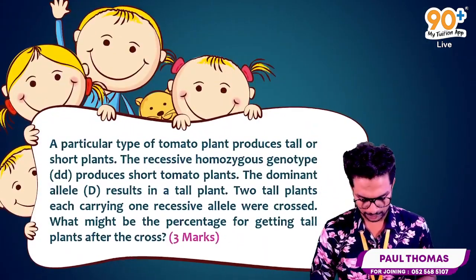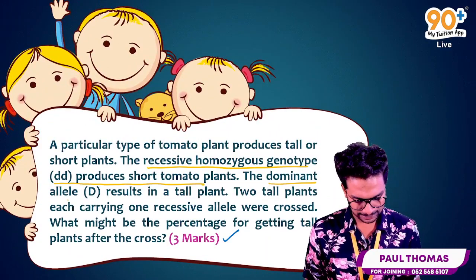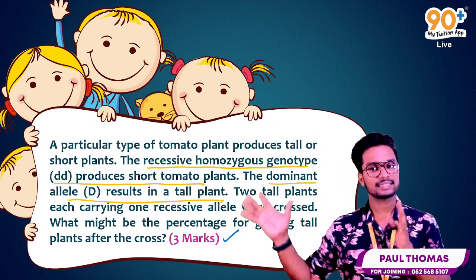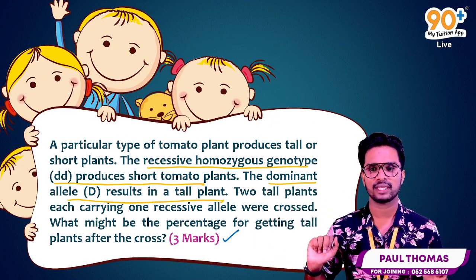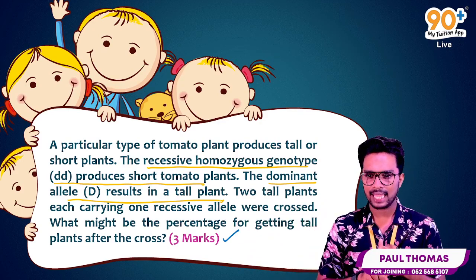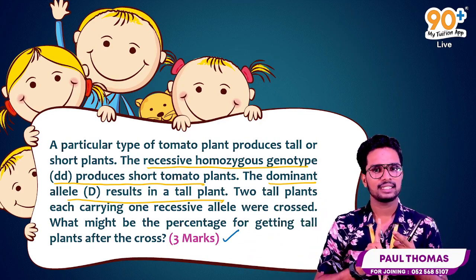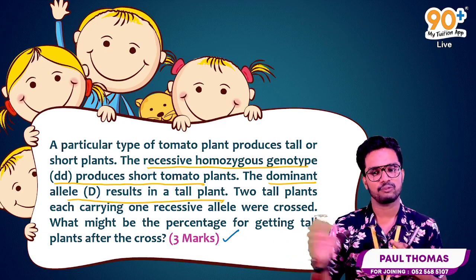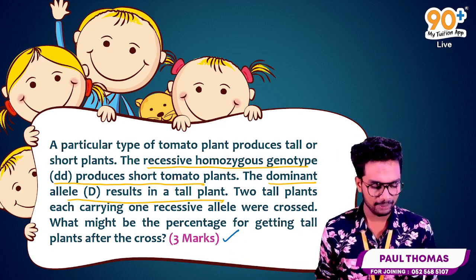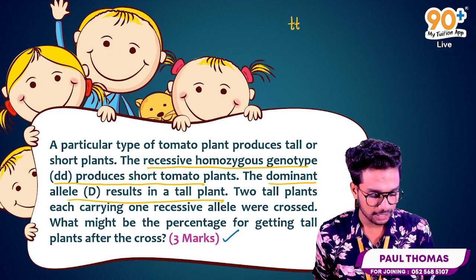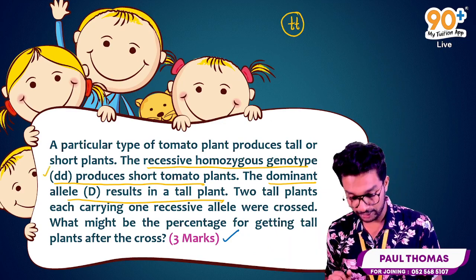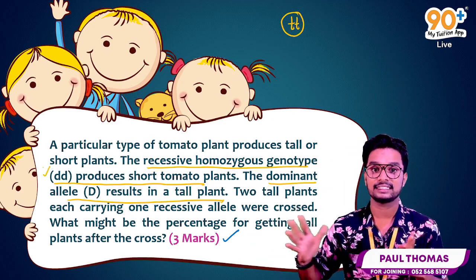The next clue point is, the dominant capital D results in a tall plant. There will be 2 conditions for this tall plant: capital D capital D, in a homozygous condition, or capital D small d, in a heterozygous condition. Don't write anything like small t for tall, because to avoid confusion they introduce their own symbols like capital D, small d.